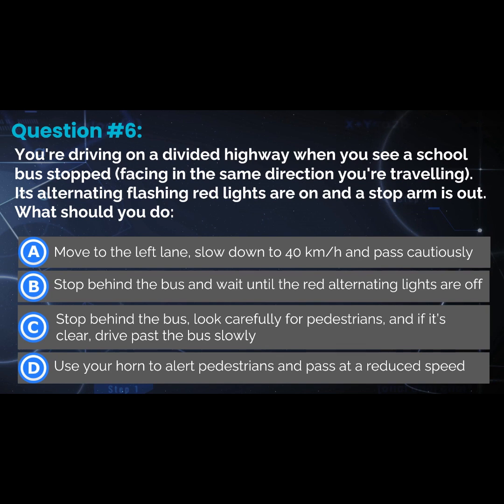C. Stop behind the bus. Look carefully for pedestrians, and if it's clear, drive past the bus slowly. D. Use your horn to alert pedestrians and pass at a reduced speed. The correct answer is B. Stop behind the bus and wait until the red alternating lights are off.